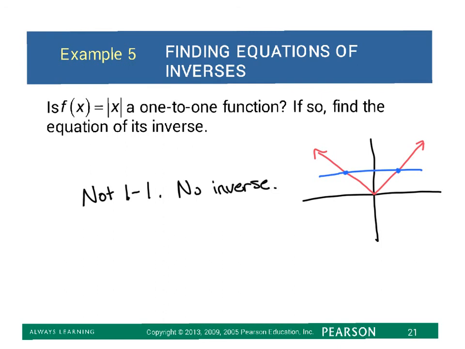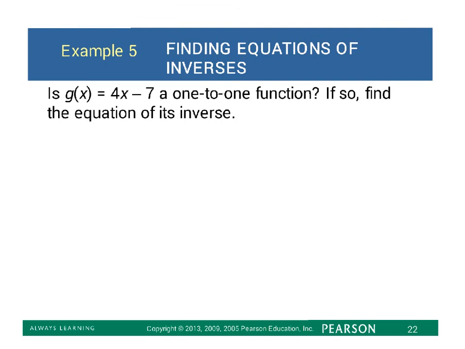Okay, now let's do this next one. Let's look at the graph of this function. I think that's the easiest way to determine if a function is one-to-one. The graph of this function is going to look something like this. It's going to be a linear function.